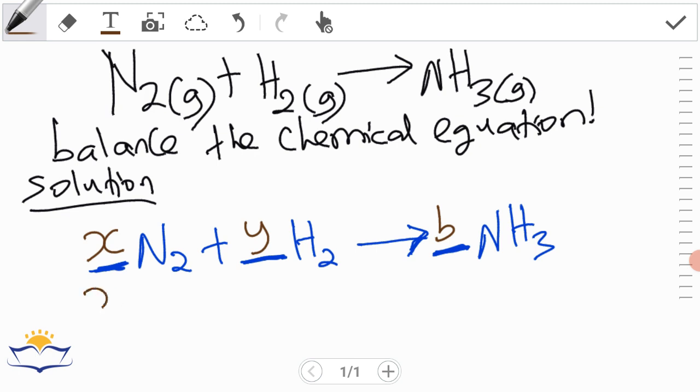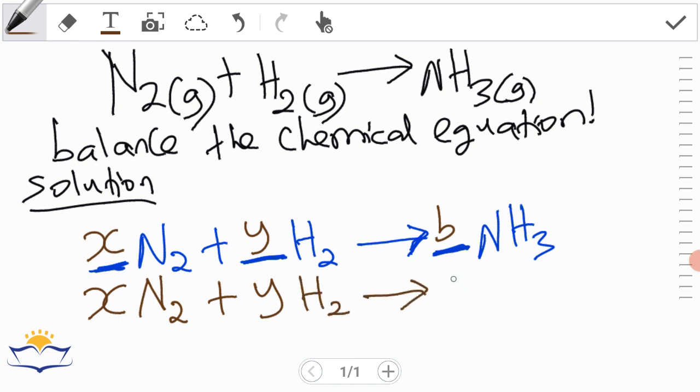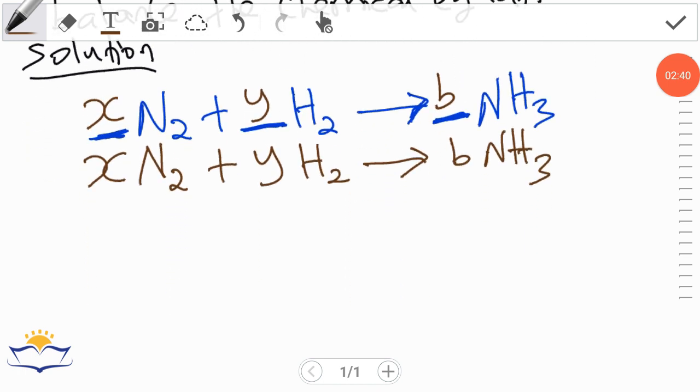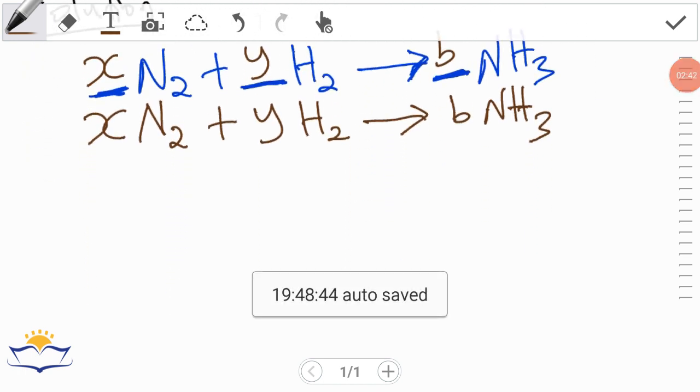So you'd say there's some number X, amene coefficient ya N2. There's some number Y, amene coefficient ya H2. And there's some number B, amene coefficient ya ammonia, like that.